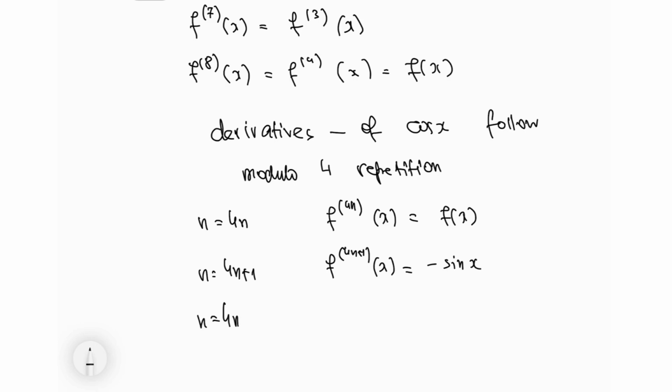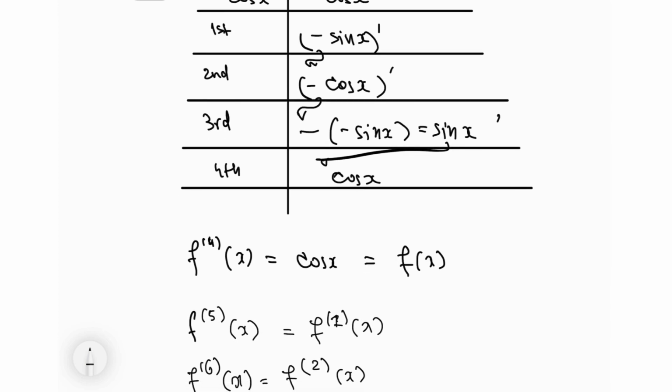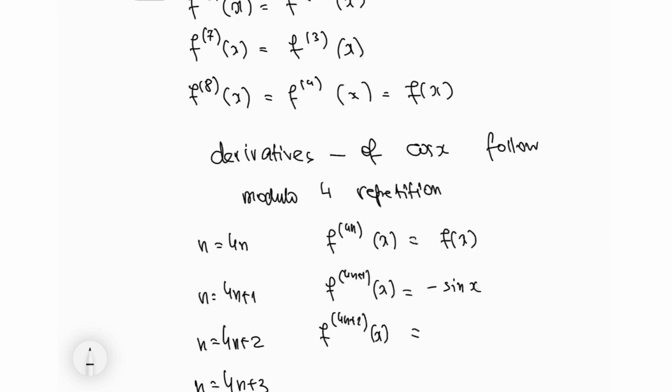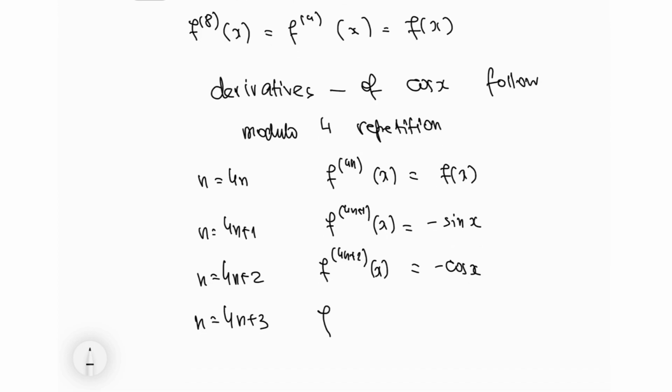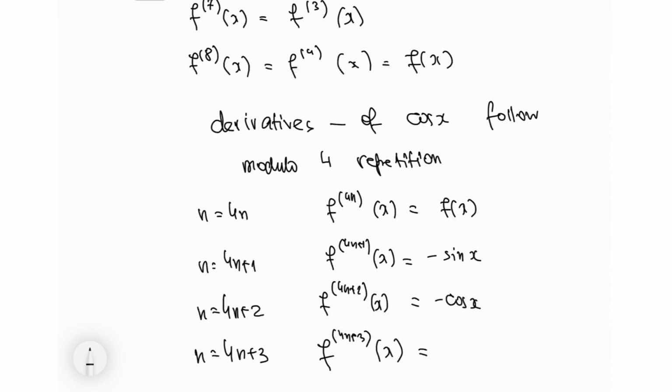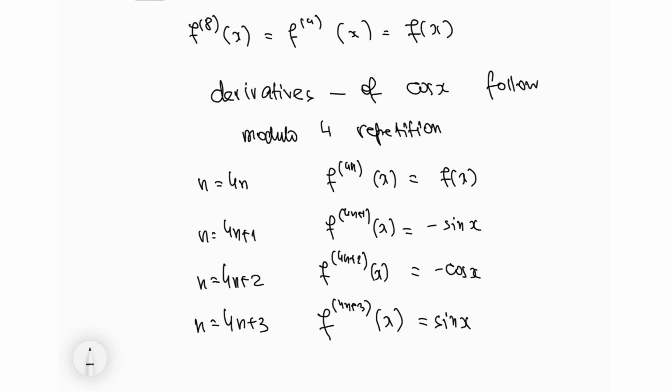If it is 4n plus 2, then the derivative is minus cosine x. And for 4n plus 3, the derivative is sine x.